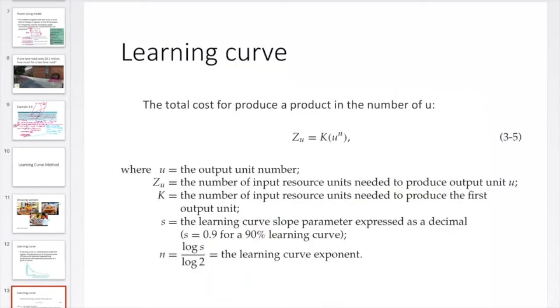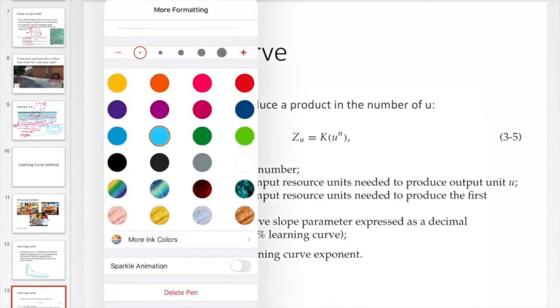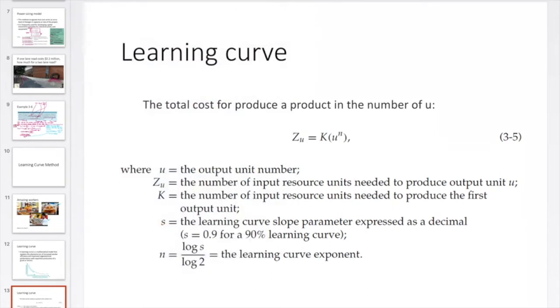So to describe this learning curve, here is the function or equation we can use. So this is the equation itself. It tells you the total cost for producing a product in the number of U, okay? So this is a very tricky equation. You have to pay attention to the variables.